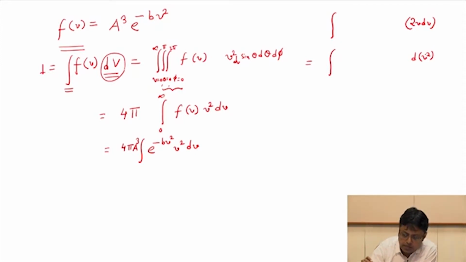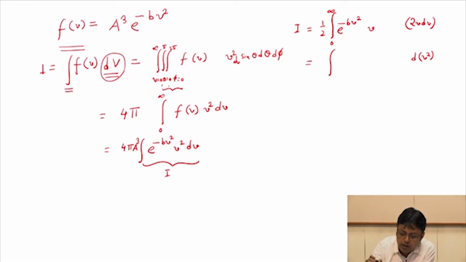So that is the trick. Now if I write it as 2v dv, of course I have to account for a factor half. I'm just writing this integrand right now, and there are some constants also. So the limits are 0 to infinity, and then I have e to the power minus b v square. If I have 2v dv, there is a v square already there. Suppose I have stolen one v, so this v and this v is v square.